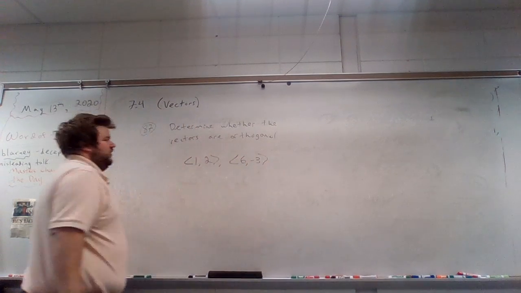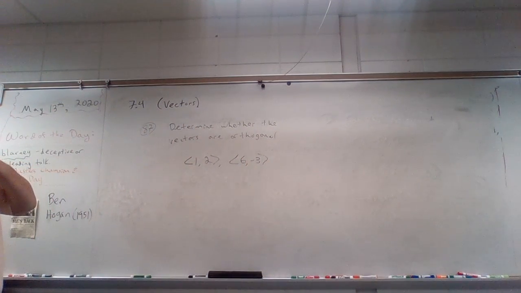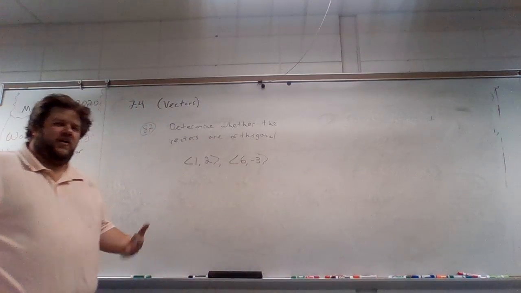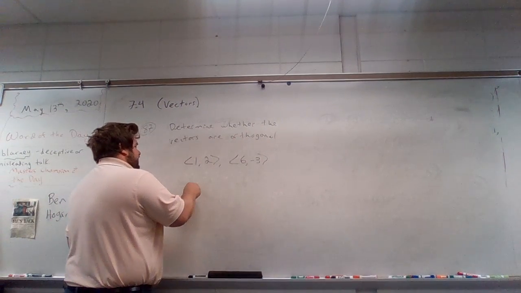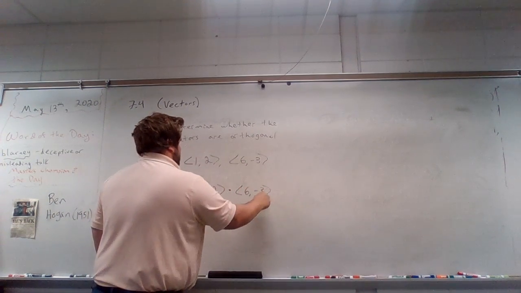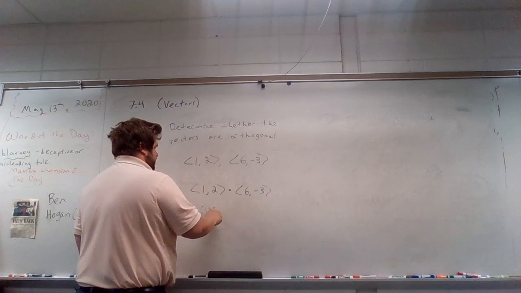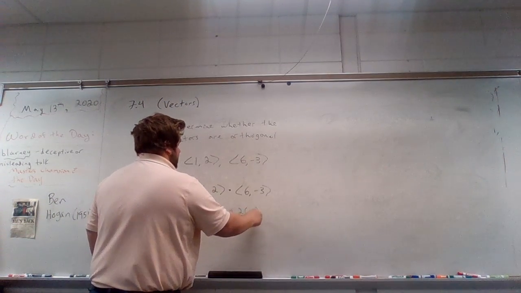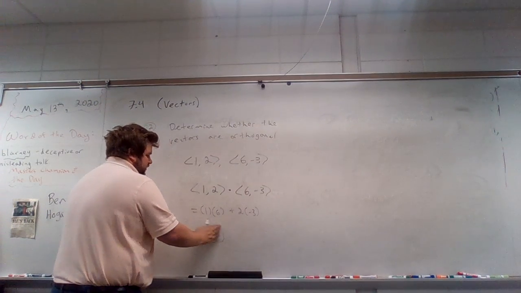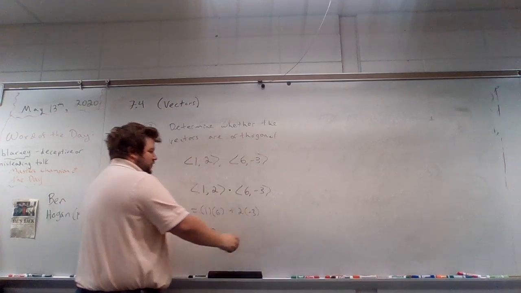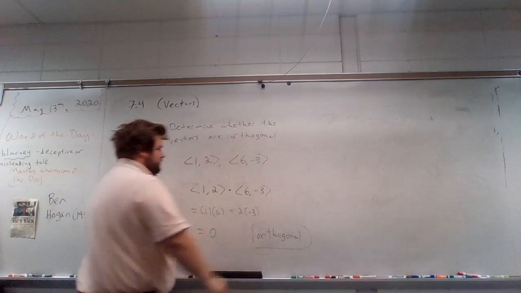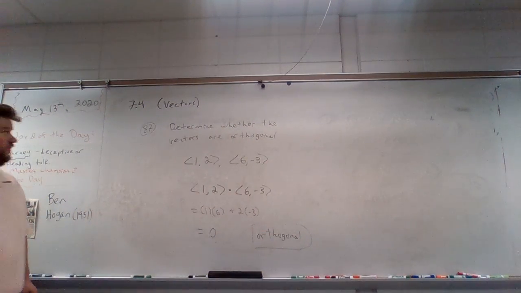They give you the two vectors and ask whether they're orthogonal. All I would do to see that is do the dot product, and see if that is 0 or not. If that dot product is 0, that means they're orthogonal. Any other number, and they're not orthogonal. So I just do this dot product. I got 1 times 6 plus 2 times -3. 6 minus 6, we're in good shape here, right? 0. My answer is that they're orthogonal, since I got a dot product of 0.